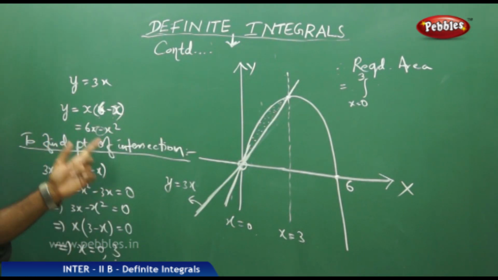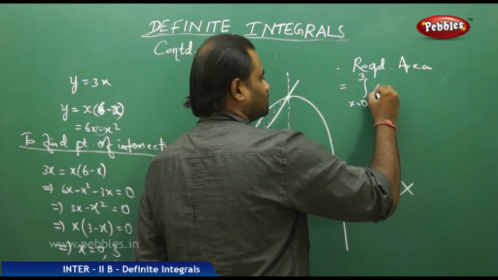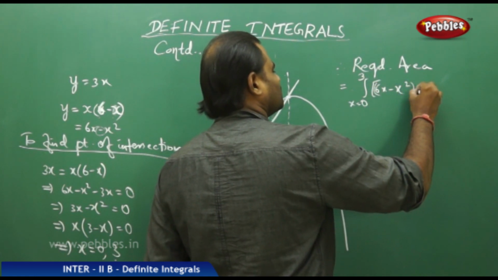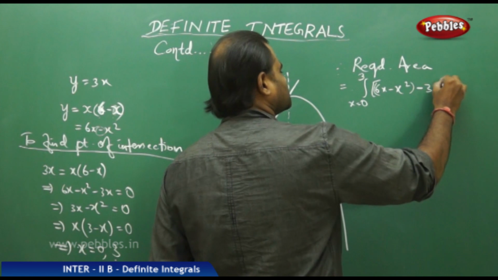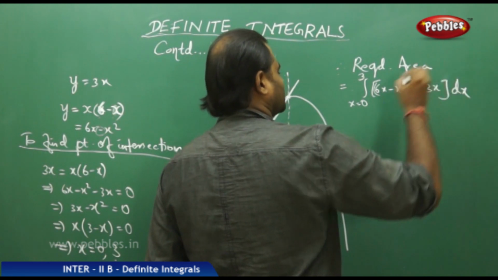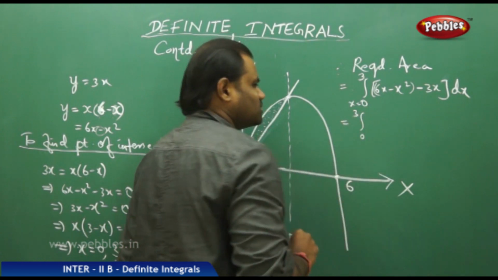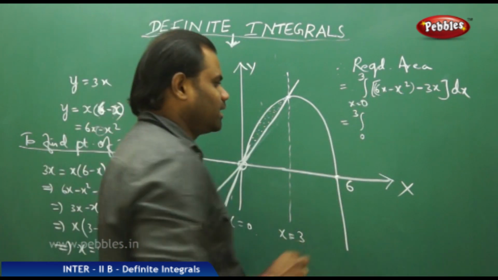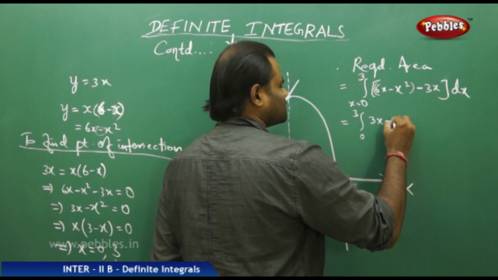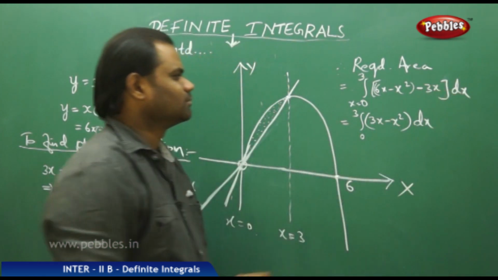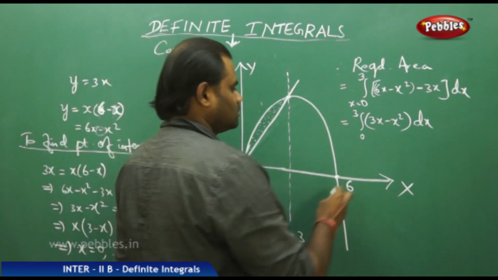So my upper curve is 6x minus x squared, minus the lower curve, which is 3x, of dx. That is the integral from 0 to 3 of 6x minus 3x, which is 3x minus x squared, of dx is what we get.